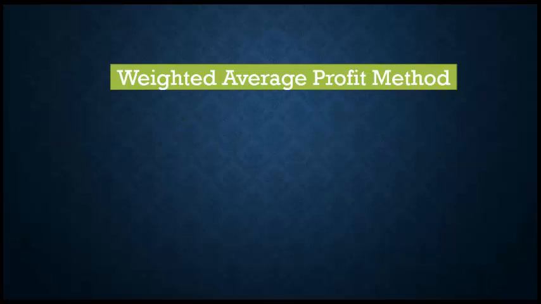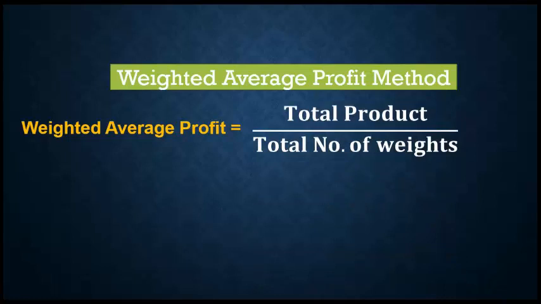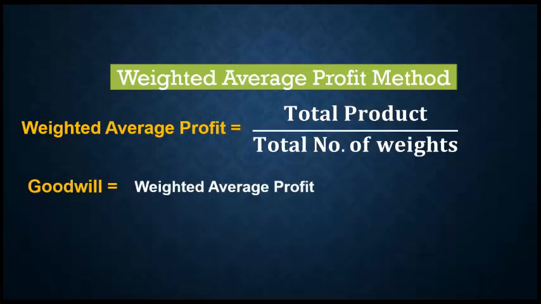Weighted average profit is equal to total product divided by total number of weights. Goodwill is equal to weighted average profit into number of years purchase.